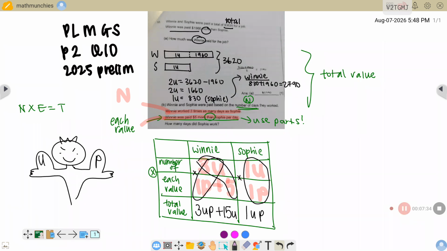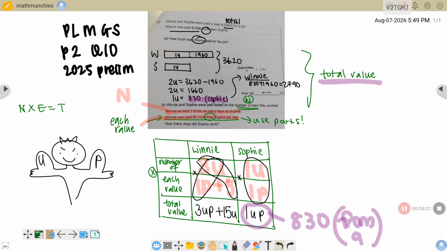All right, so right now, guys, can you see from before, we have the total value, right? Have we found the total for Sophie? Yes, 830. So what does that mean? It means that this person is 830 from A. Correct now, guys?